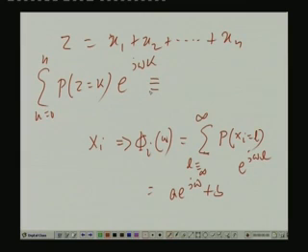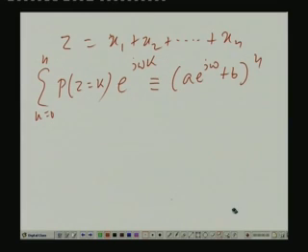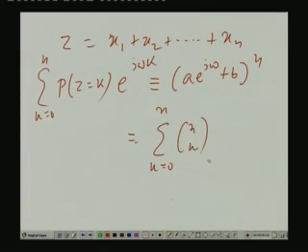Now you can use the binomial theorem, and you will see this is nothing but nCk a to the power k e to the power j omega k b to the power n minus k.